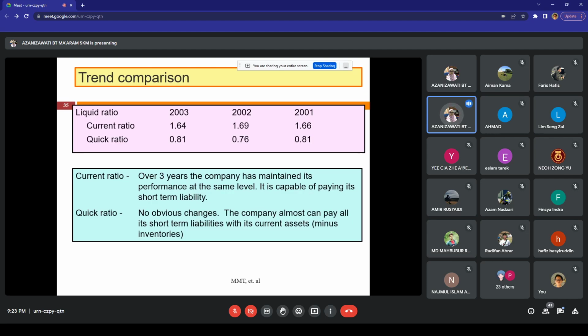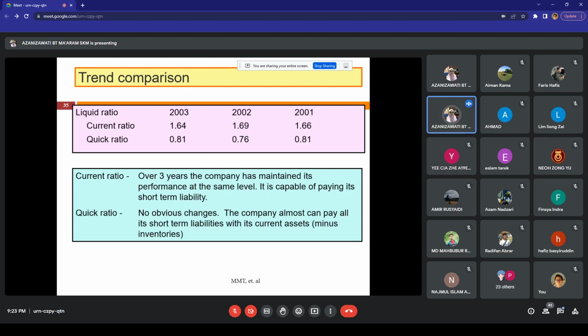For current ratio, over 3 years, the company has maintained its performance at the same level, almost 1.6, okay, 1.64, 1.69 and 1.66. So it is capable of paying its short-term liability because it's higher than 1 ringgit. For quick ratio, you can see it not much different, 0.81, 0.76 and 0.81. So no obvious changes.